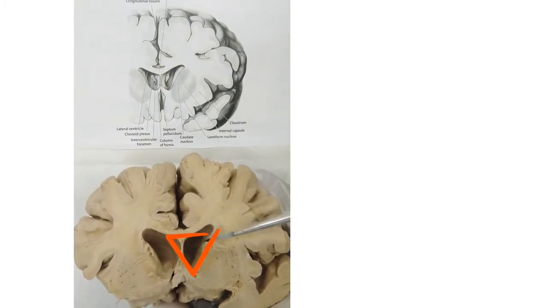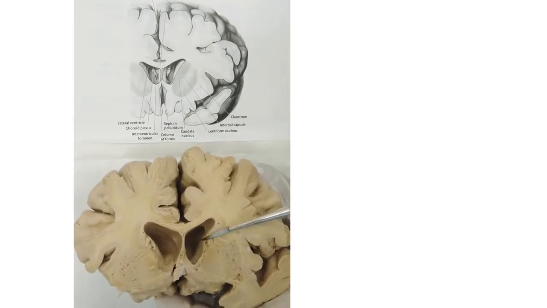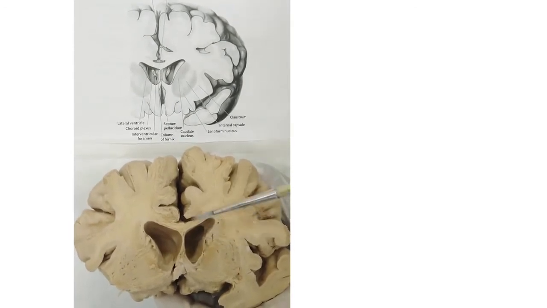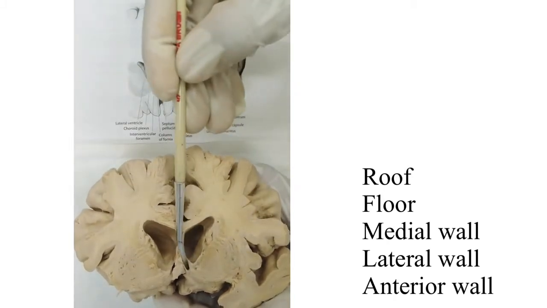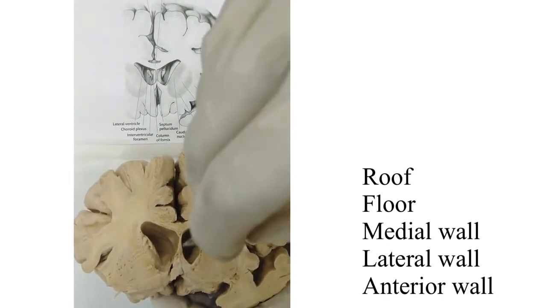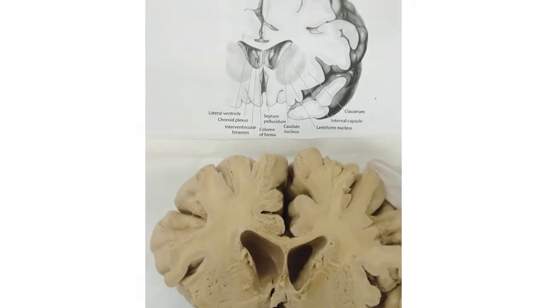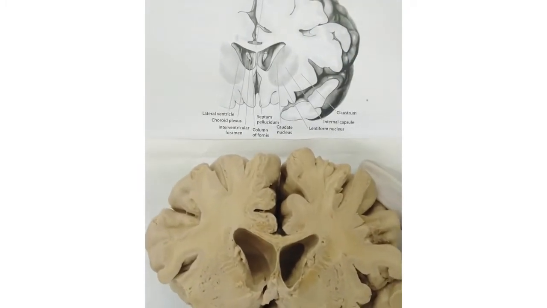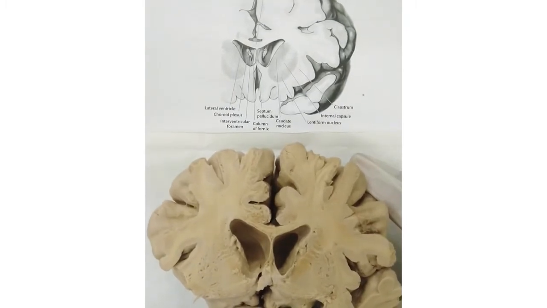It is roughly triangular in shape in the coronal section, having 5 walls: the roof, floor, medial wall, lateral wall and the anterior wall.